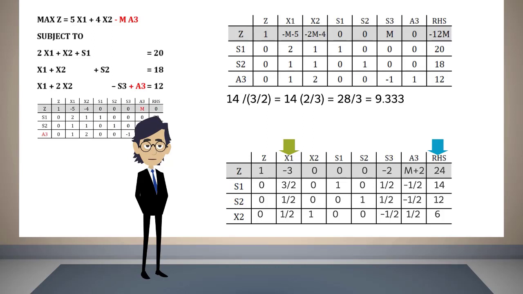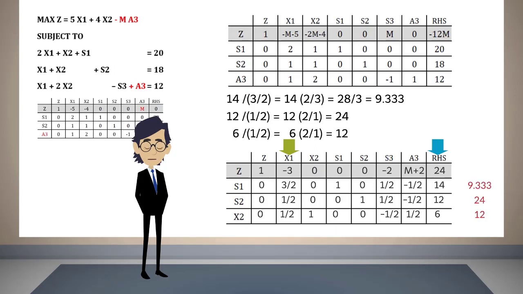In the same way, to divide 12 by 1/2 is equivalent to multiplying 12 by 2. And to divide 6 by 1/2 is equivalent to multiplying 6 by 2. I will place these numbers at the end of the table. The smallest of these numbers corresponds to the S1 row. And we conclude that in the next iteration, x1 will enter the basis and S1 will leave the basis.